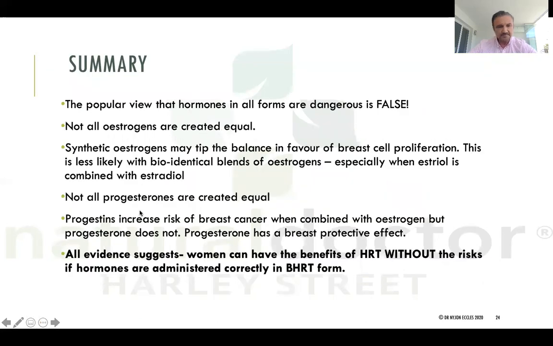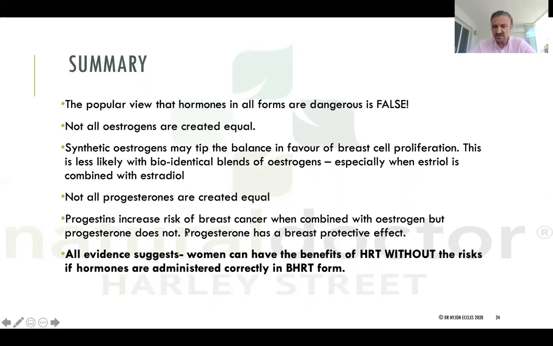So in summary, the popular view that hormones in all forms are dangerous, I think you've seen from the two videos now, is false. Not all estrogens are created equal. In the same way, not all progesterones are created equal. Synthetic estrogens may tip the balance in favor of breast cell proliferation. This is less likely with bioidentical blends of estrogens, especially when estriol, which stimulates that protective beta receptor, is combined with estradiol.